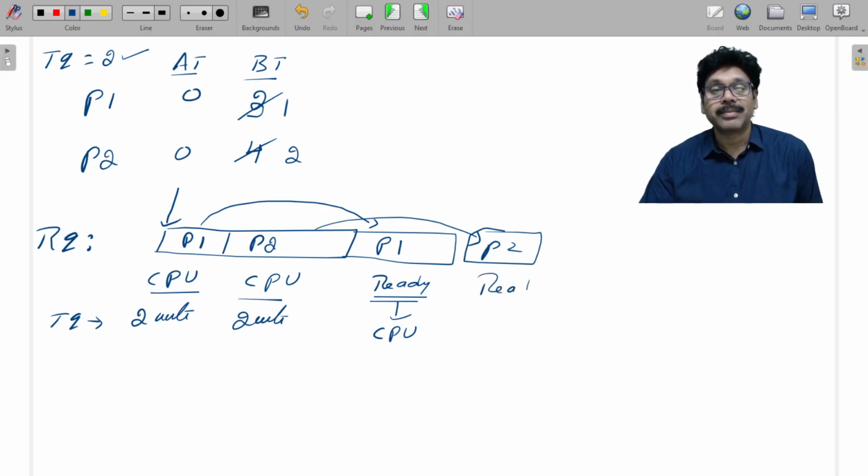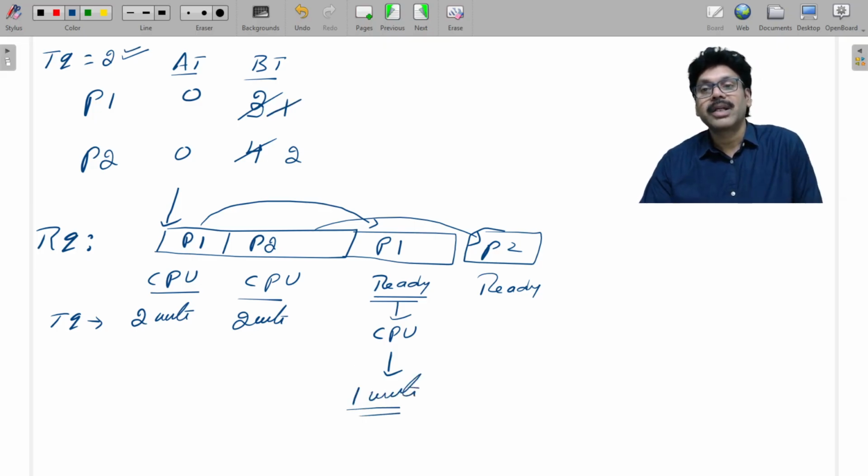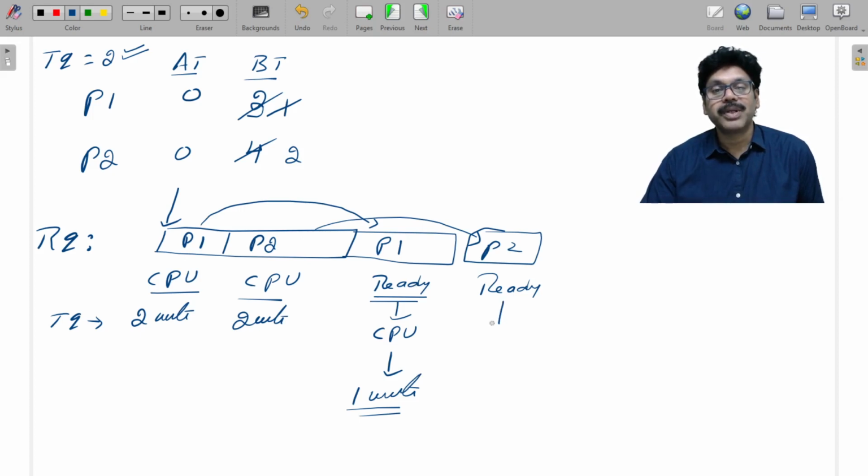During that time P2 is in the ready state. Now P1 is executed; only 1 unit is needed. Though I have 2 units of time quantum, I don't require that much, so I execute only 1 unit of time, then P1 is released. Then the chance comes to P2.